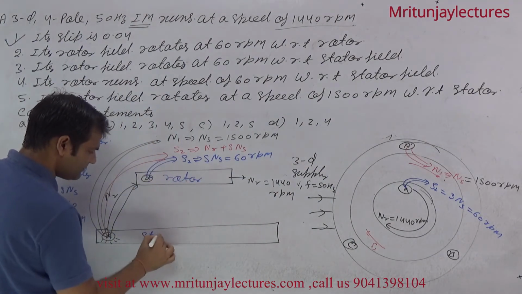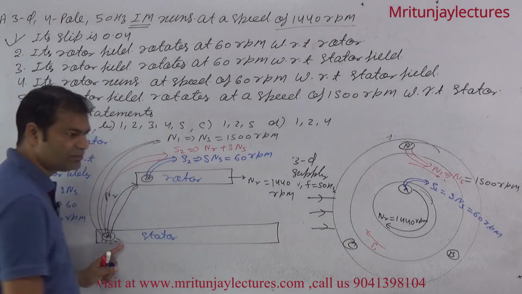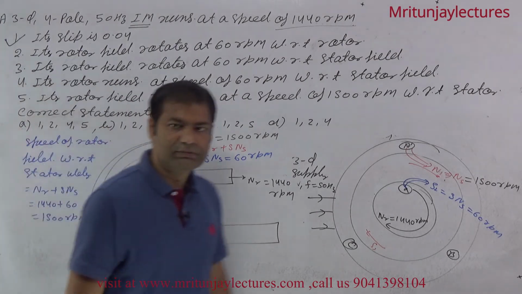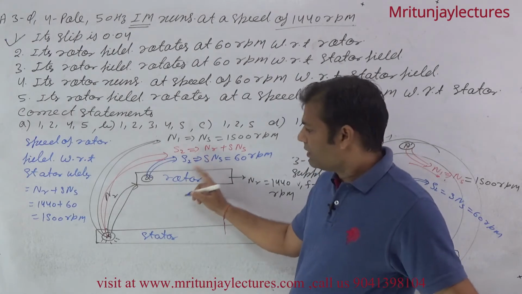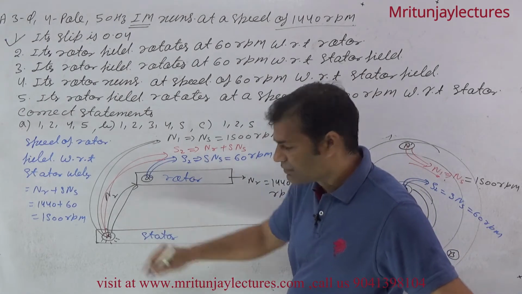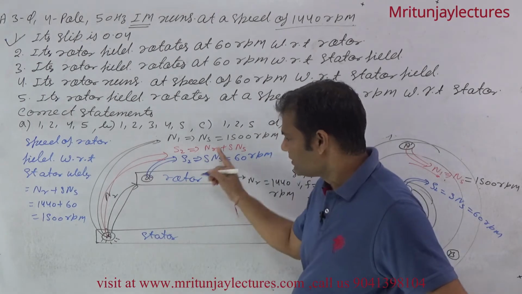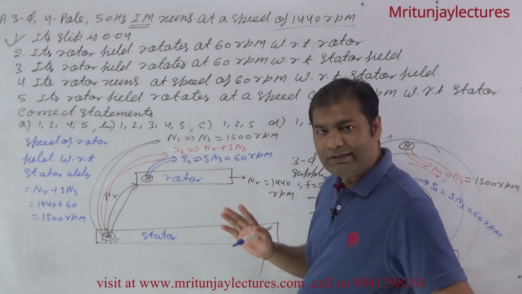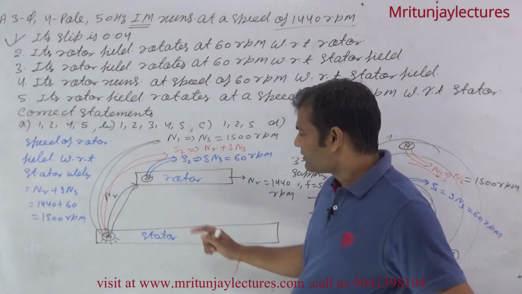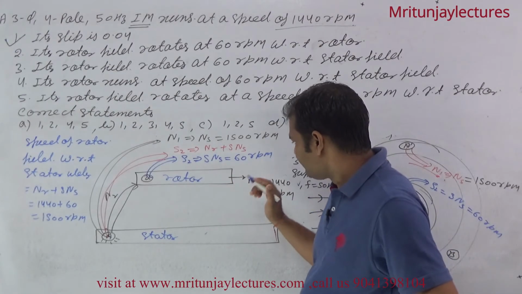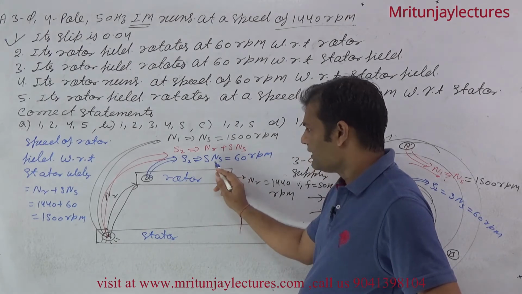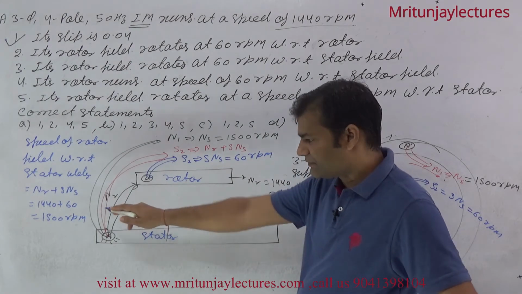You sit on the stator like a platform and you see the little boy running with respect to the platform, which speed is NR plus SNS. So that's why it is written like this.